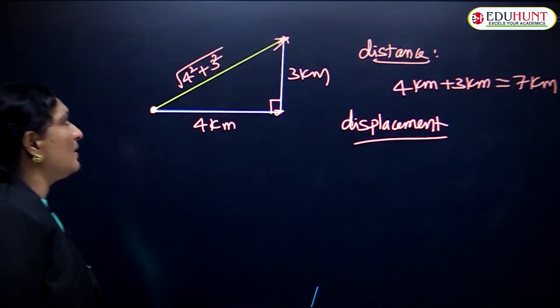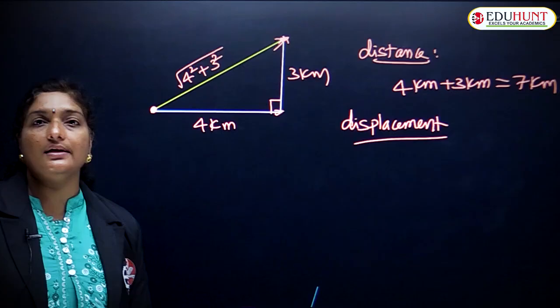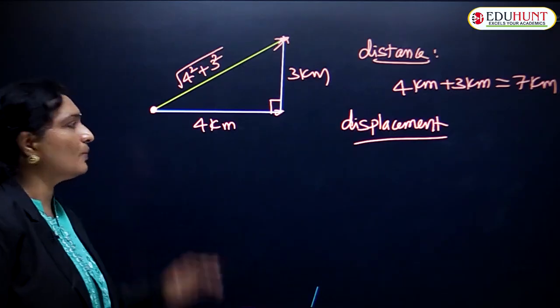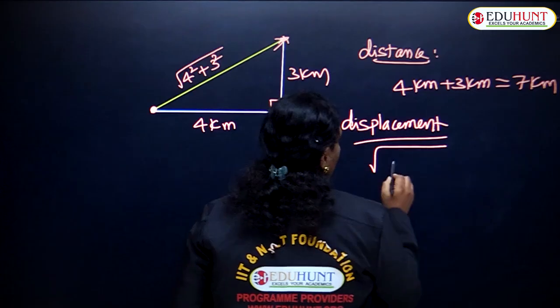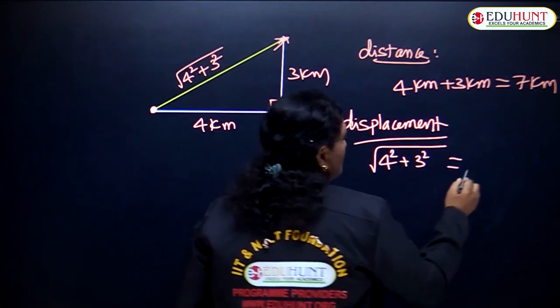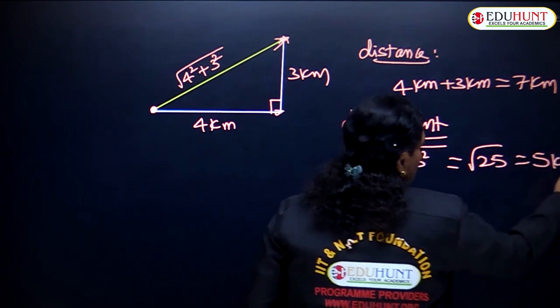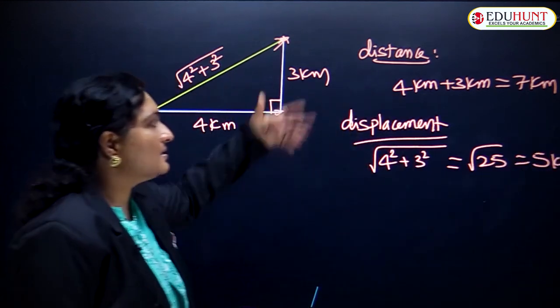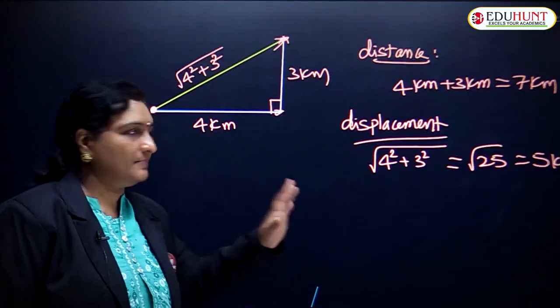How much is 4 square plus 3 square, children? 16 plus 9 is 25. Under root, 25 is 5 kilometers. Hence, the displacement is root over 25, that is 5 kilometers. So, clearly, distance and displacement both are different.